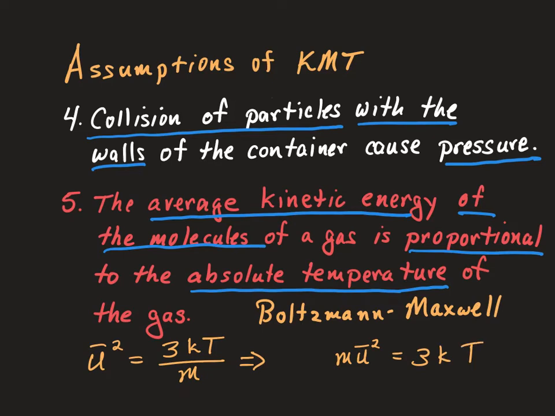If mass is in kilograms and speed is in meters per second, that's units of energy. Kinetic energy is 1/2 mass times velocity squared, so that is really equal to 2 times the kinetic energy for the molecule. And so that makes kinetic energy proportional to temperature in Kelvin.